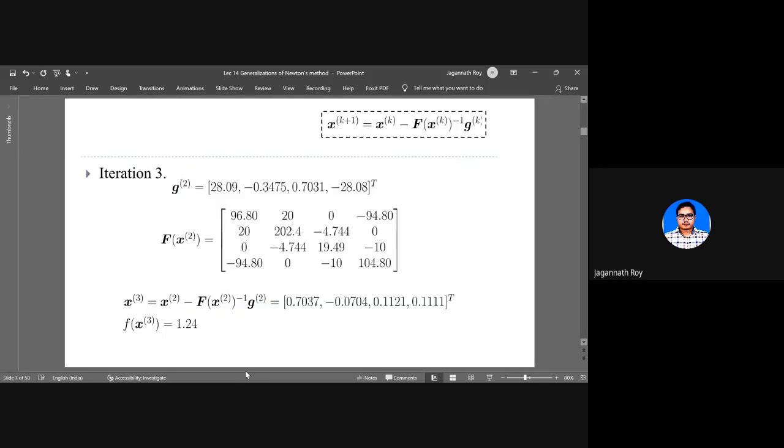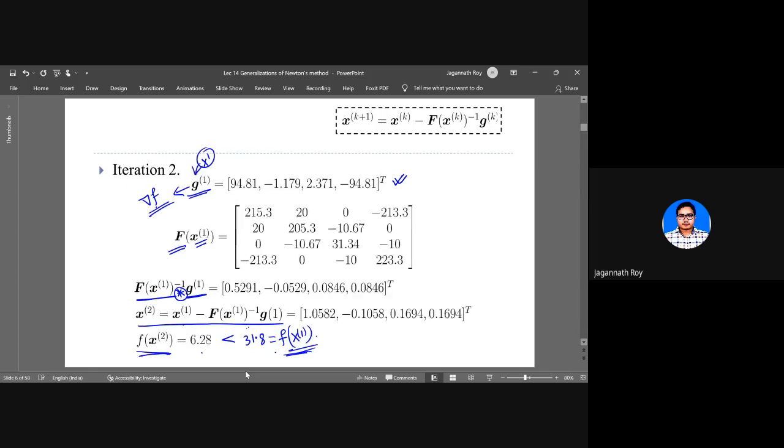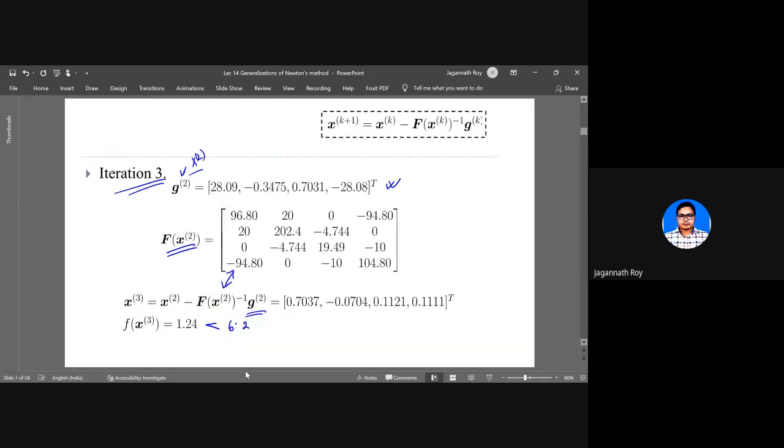Similarly, if we perform iteration 3, we'll calculate the gradient at x2, the Hessian matrix, and then the inverse Hessian matrix, and we'll multiply with the gradient value. Again we are seeing a decrease.